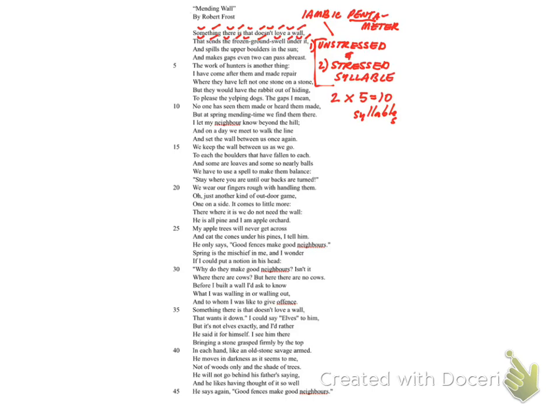Notice though, when we talk about iambic pentameter, we're not actually talking about rhyme, right? Because we have wall, we're not talking about end rhymes at least. We have sun, we have abreast, we have thing, we have repair. None of these things rhyme. And so what that's called is blank verse.